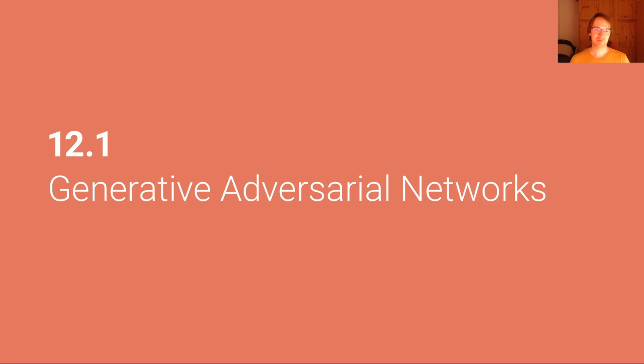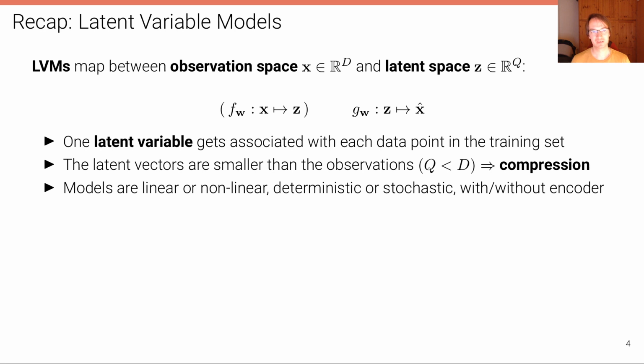Let's get started with generative adversarial networks. Before we start, let's briefly recap latent variable models as we have introduced them in lecture 11. Latent variable models map between an observation space X and a latent space C of significantly lower dimension typically.